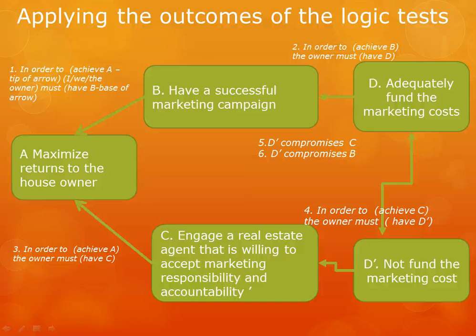So the final two tests are whether D prime compromises C and whether D compromises B. So the question here is, if the owner does not fund the marketing costs, can there still be a successful marketing campaign?